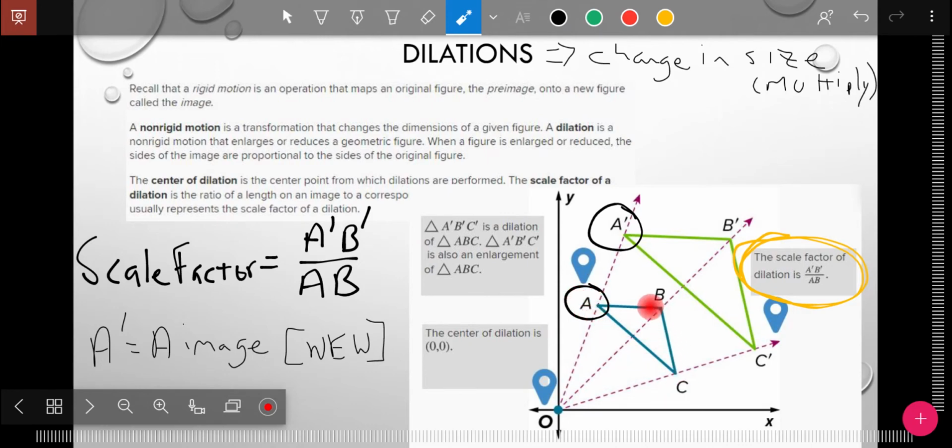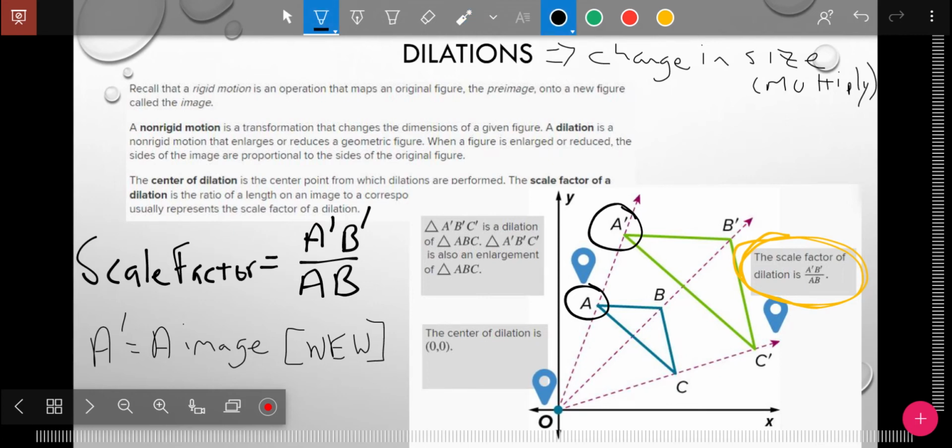So this is the old or original one, and that A image is the new one. The green one here is the new one. And so the new one goes over the old one when determining scale factor.